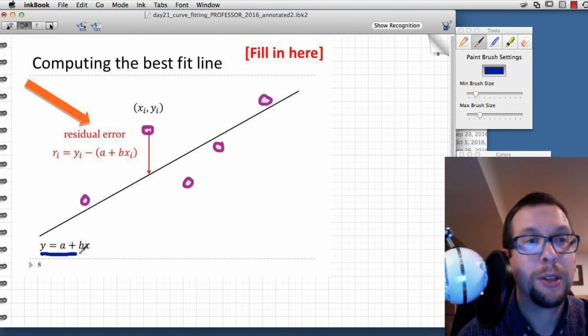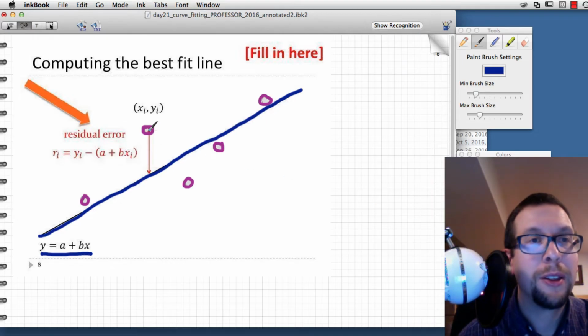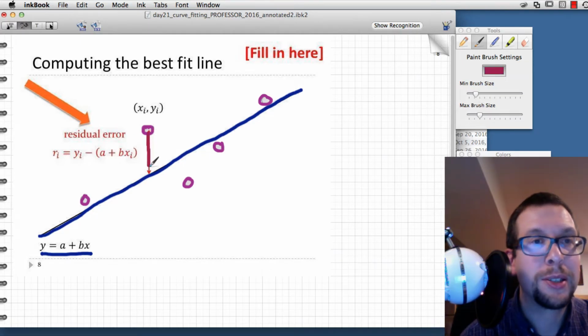So we have this equation that describes the best fit line. I'm going to highlight it right here. This is the best fit line. Not quite a straight line when I draw it. Okay, that blue line right there. And what ends up happening is that you're trying to calculate the distance. Let's go back to that red.